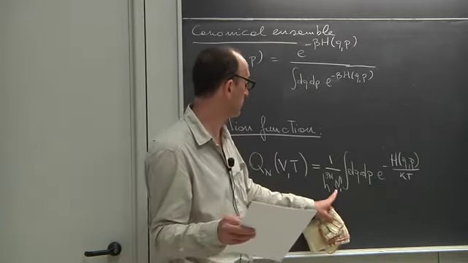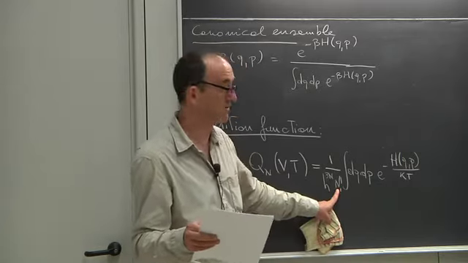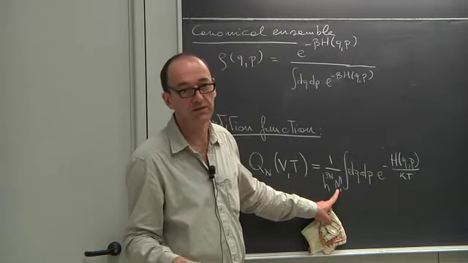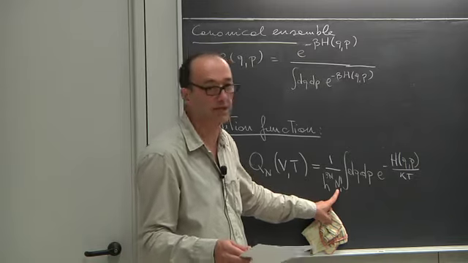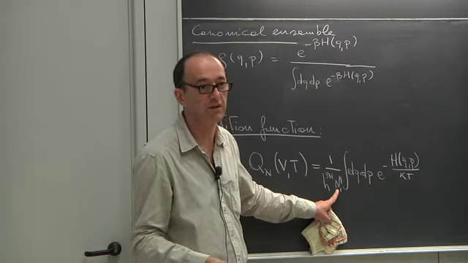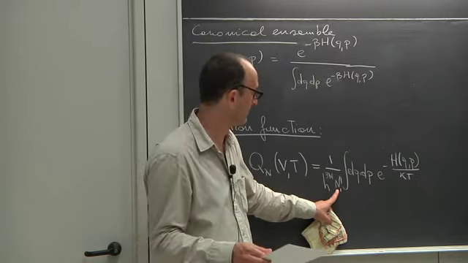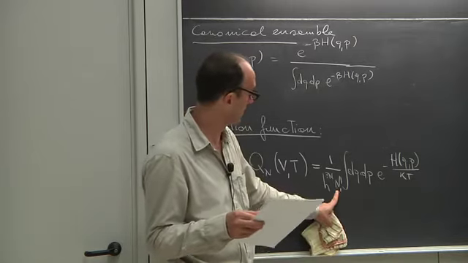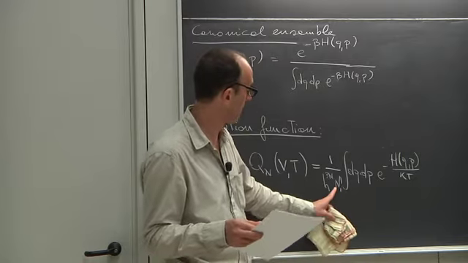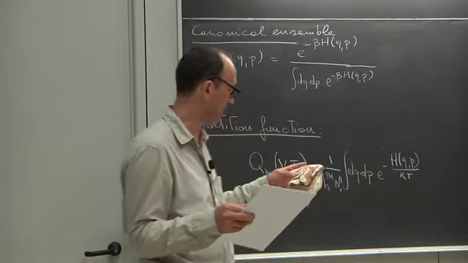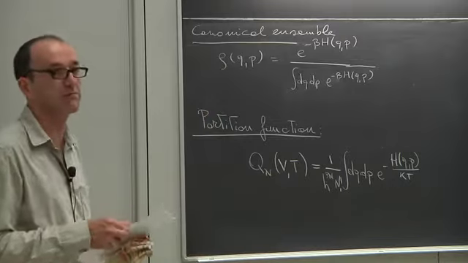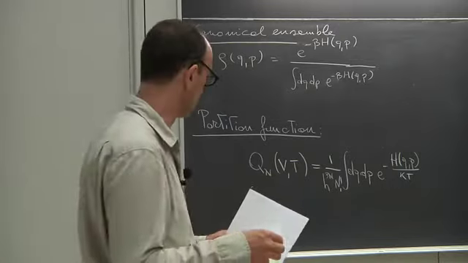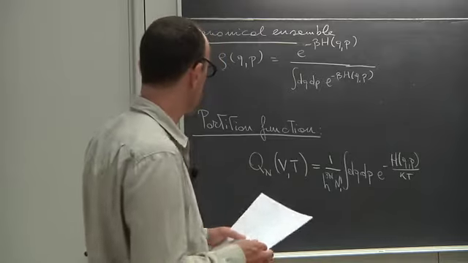Otherwise we would have problems of the type of the Gibbs paradox. We would find out that the entropy is not extensive, etc. So this factor N factorial has the same motivation which we discussed for the Gibbs paradox.